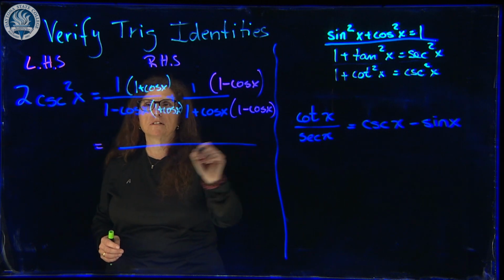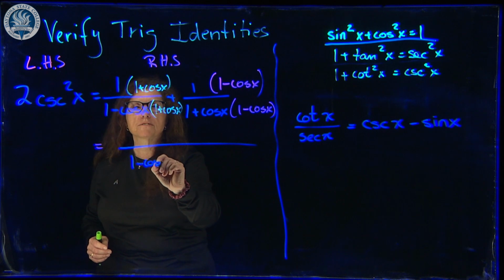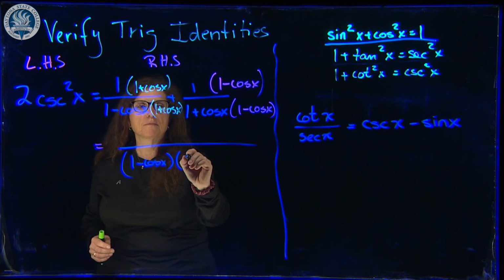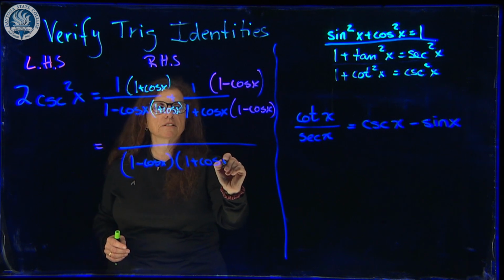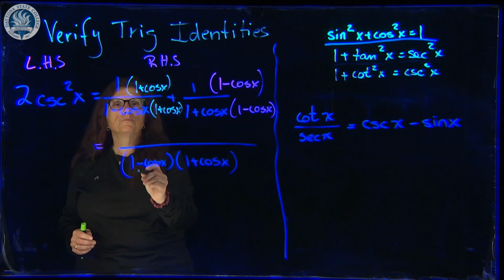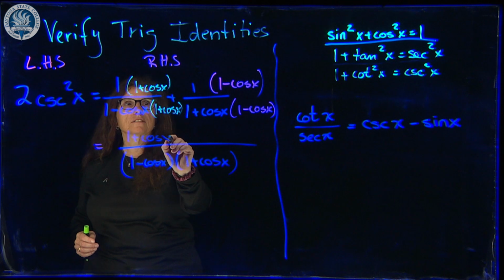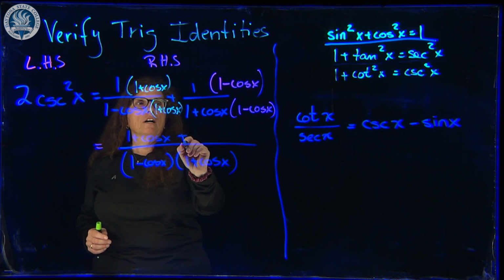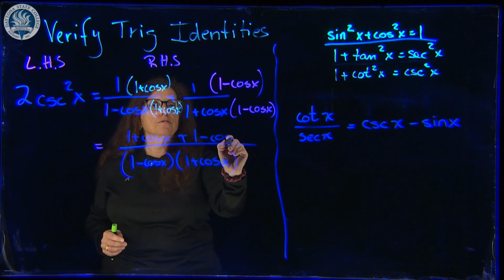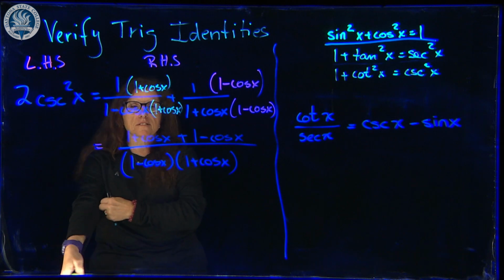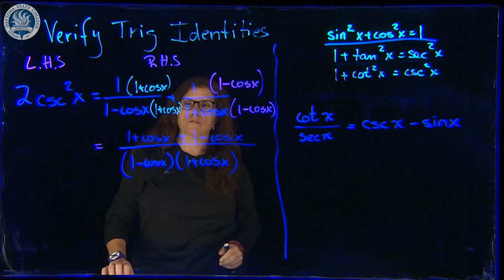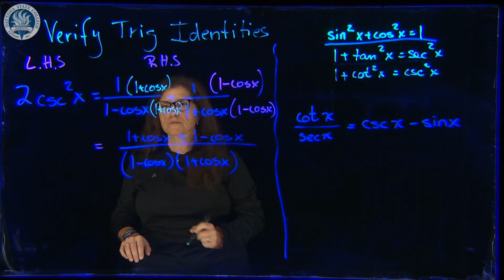My denominator is 1 minus cosine x times 1 plus cosine x. Now in the numerator, if I write it out, I have 1 plus cosine x plus 1 minus cosine x. Okay, let's see if we can now combine like terms in the numerator.